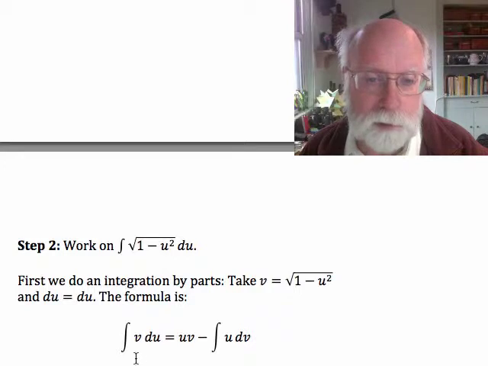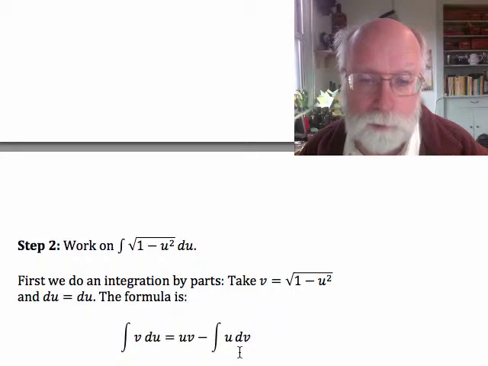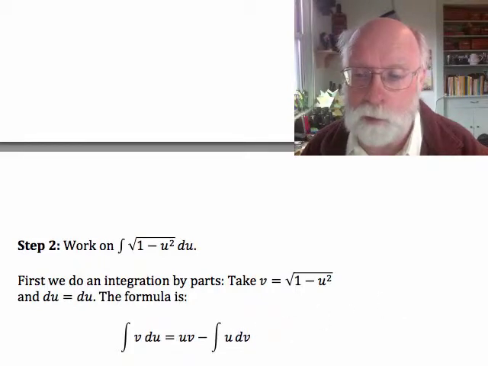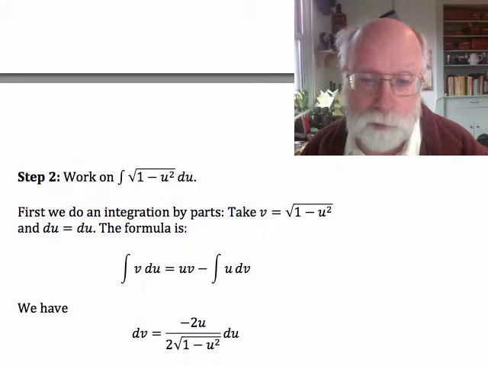It says that the integral of v dU can be evaluated as the product uv minus the integral of u dv. So I need u and dv. If dU is du, then in fact U is just u. That's fine. But for dv, we're going to have to take the derivative of v with respect to u. And so dv is minus 2u over 2 times the square root of 1 minus u squared du.